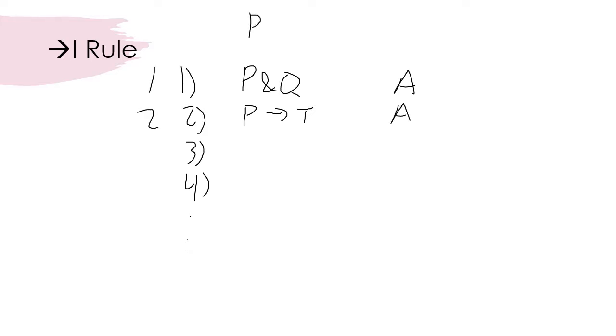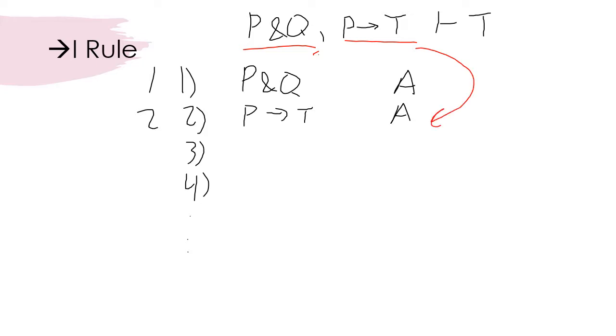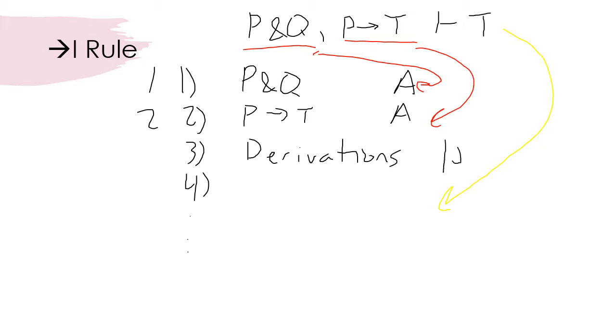So say if I were given this sequence here, I could prove it. What I do is I take my assumptions, I write them in the first lines, and then I'm looking to prove my conclusion at the very last line. And in these line numbers, we have derivations. And in this line, we have justifications.